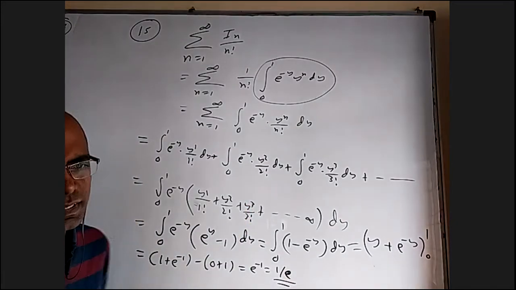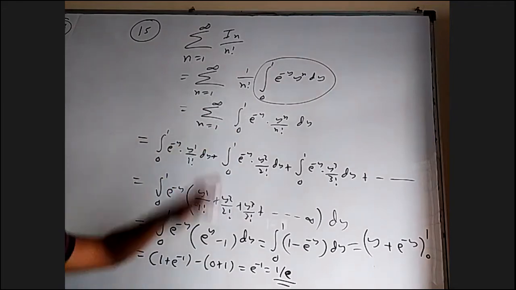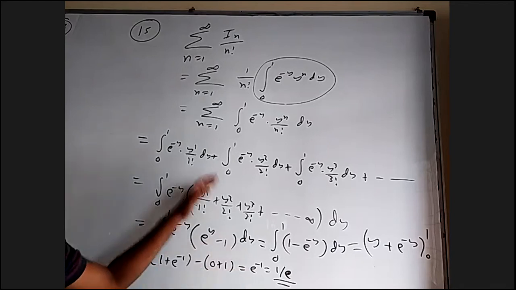So without finding I_n, it is easier than finding the answer for I_n. We'll also try to find I_n and see what happens later on. Anybody any doubt here?